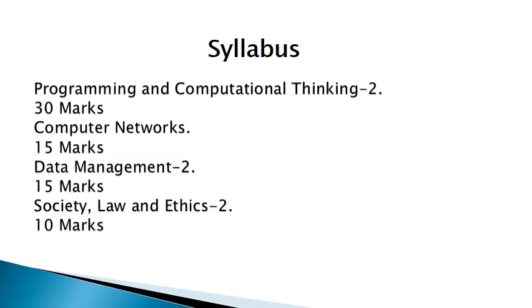As you can see here, 30 marks questions are asked from Programming and Computational Thinking Part 2, 15 marks from Computer Networks, 15 marks from Data Management Part 2, and 10 marks from Societal and Ethics Part 2.